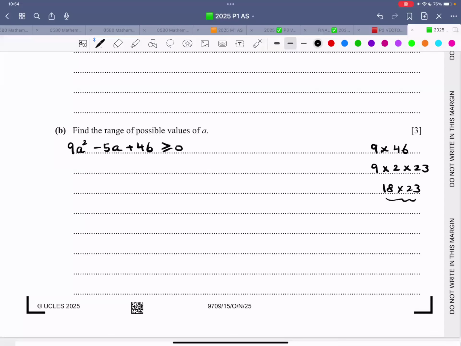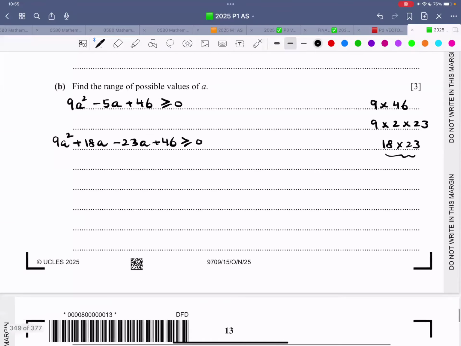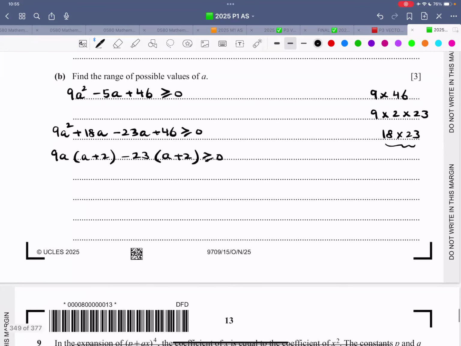The difference is 5. Perfect. So this is 9a squared, and this is plus 18a minus 23a plus 46 is greater than or equal to 0. So this is (9a plus 2)(minus 23)(a plus 2) is greater than or equal to 0.